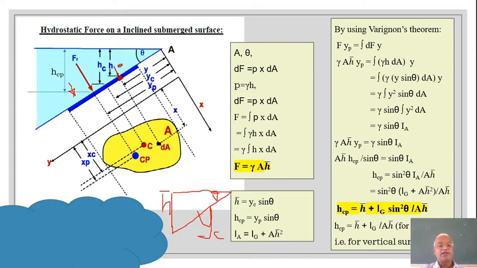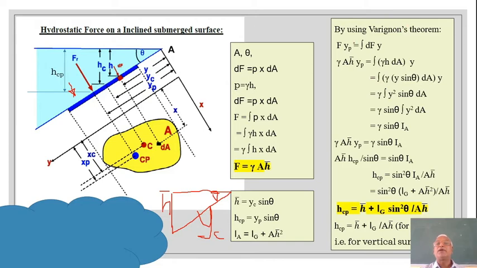As it is a right angle triangle, with horizontal and vertical, we can write sine theta as H bar by YC. That is why H bar is equal to YC sine theta. Similarly, the same argument goes for HCP, which is YP sine theta, and the moment of inertia IA will be equal to IG plus A H bar squared. So this is the geometry which we are going to use often here.